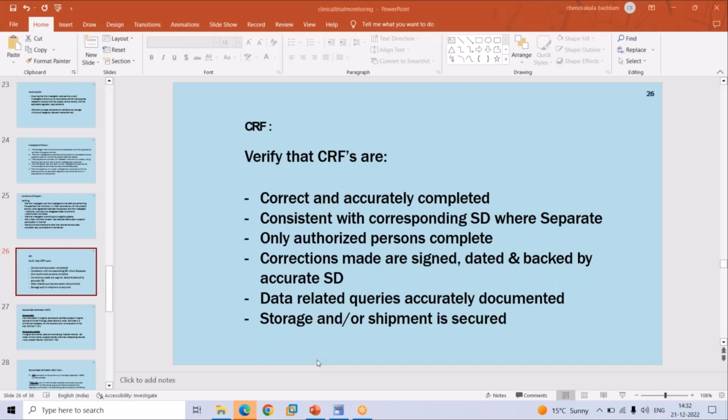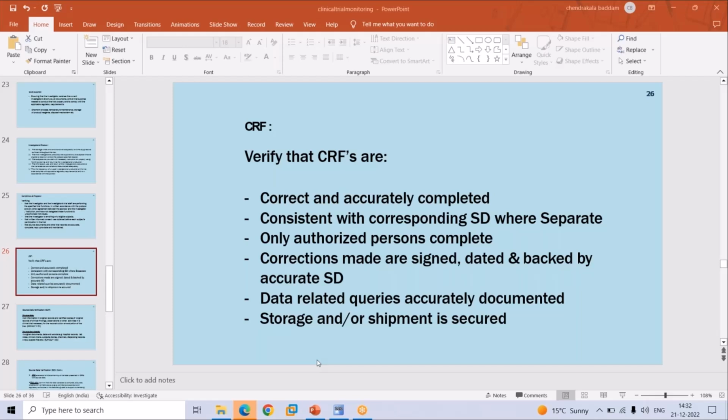We'll have two types of queries: manual queries, system queries. CRA also can write manual queries. CRA will also check the open queries, system queries. So data related queries must be accurately documented.